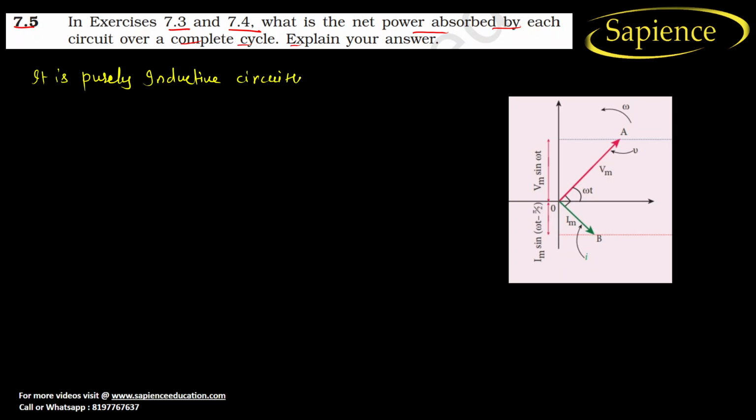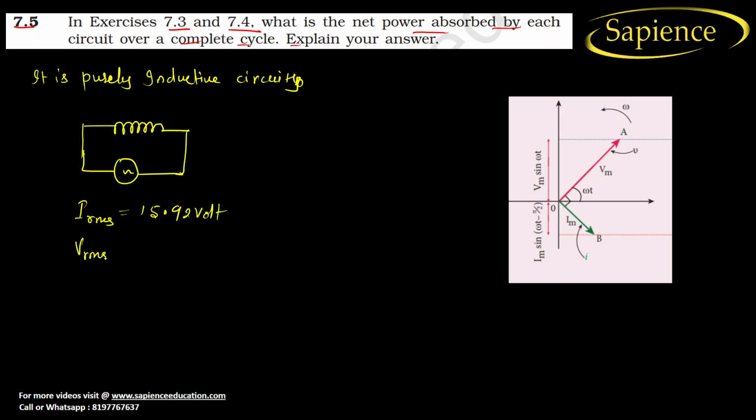It means that the circuit contains this inductor. Got it? Now, IRMS is equal to 15.92 from that question, if you go and check it, and the voltage VRMS is how much? They have provided you 220 volt, right?